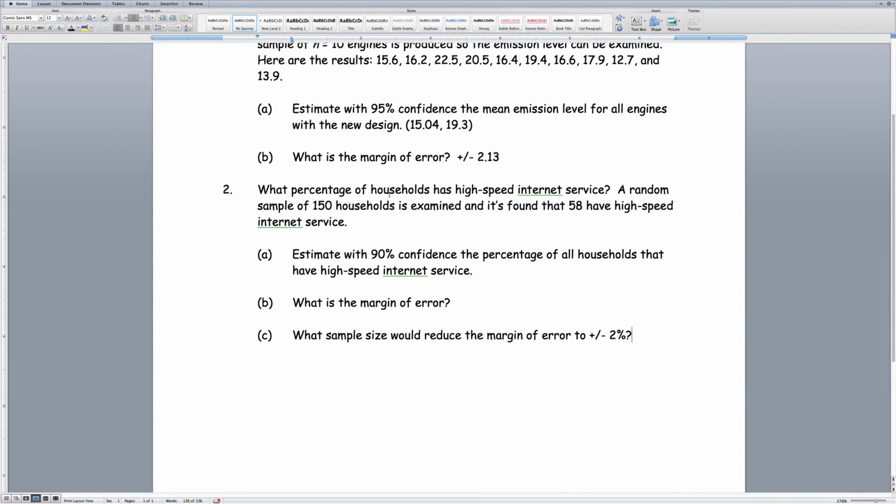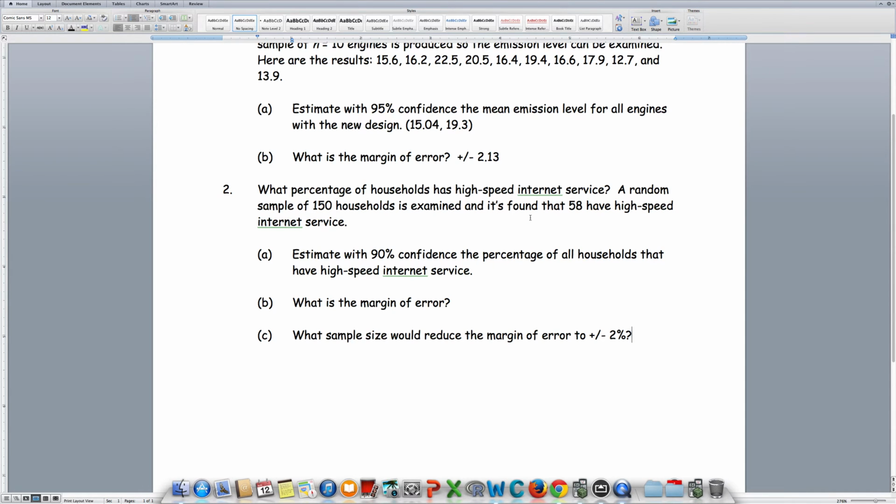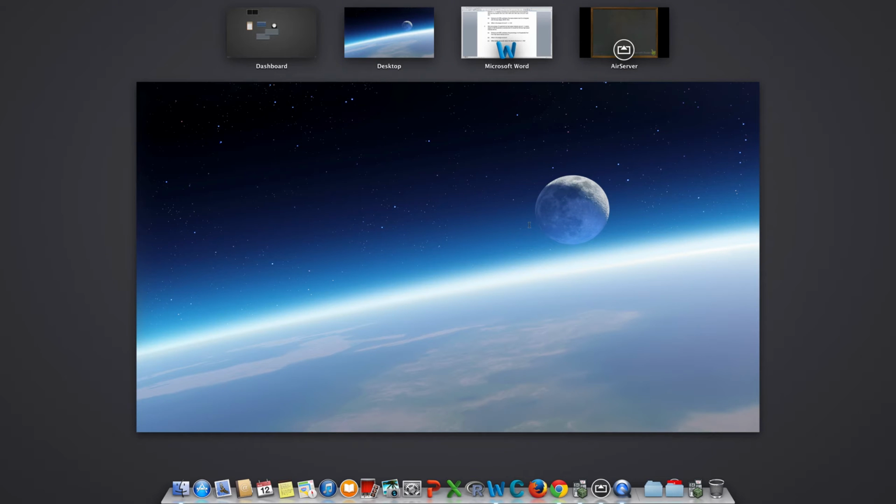So what percentage of households has high-speed internet service? Random sample. So we have 58 out of 150. All right, we want 90%. So let's keep that in mind. So guys, here's what we know. P is unknown.